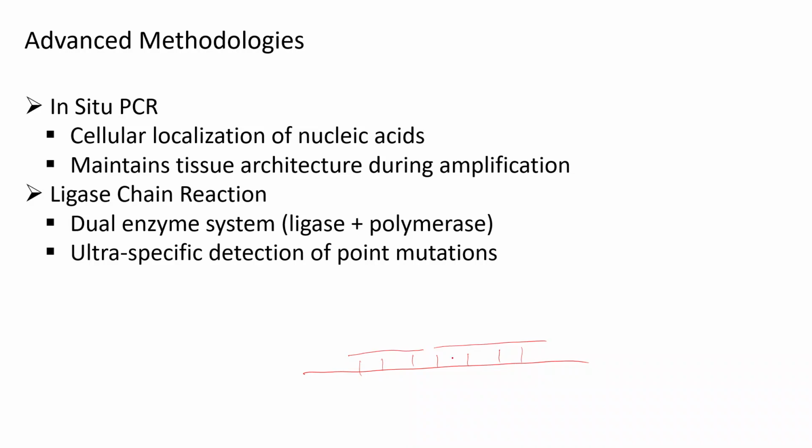This is one strand, this is two strand, and this should match exactly. If there are some gaps or mismatches, this ligase won't work. So the efficiency of this ligase is dependent on the mutations.